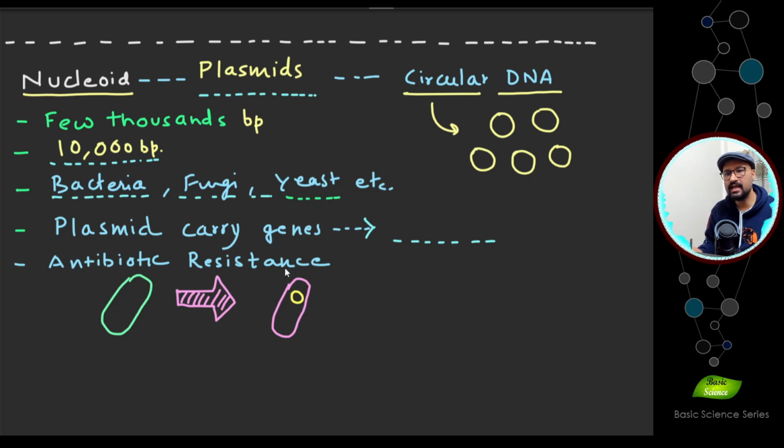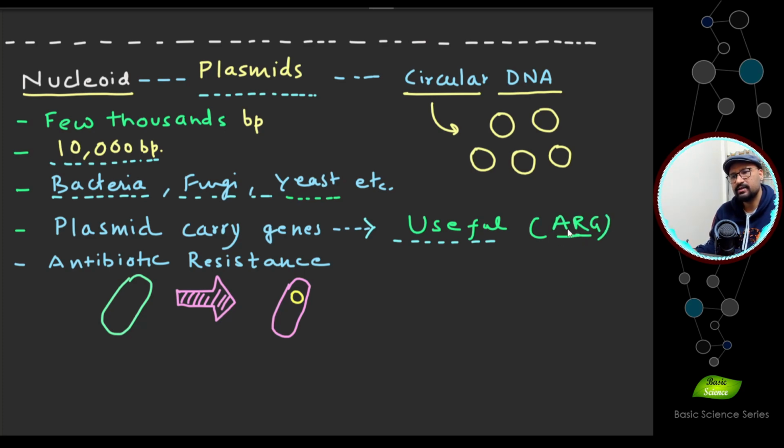Next, plasmids carry genes. Now, what is the need of plasmids? Plasmids are basically not that useful for the bacteria, but they can sometimes carry some useful characters like antibiotic resistance genes.